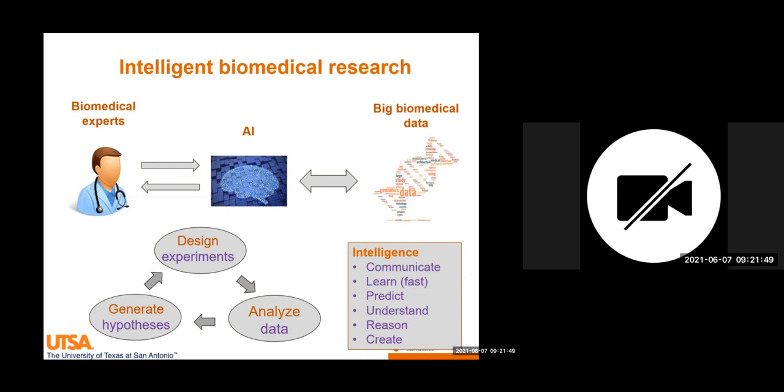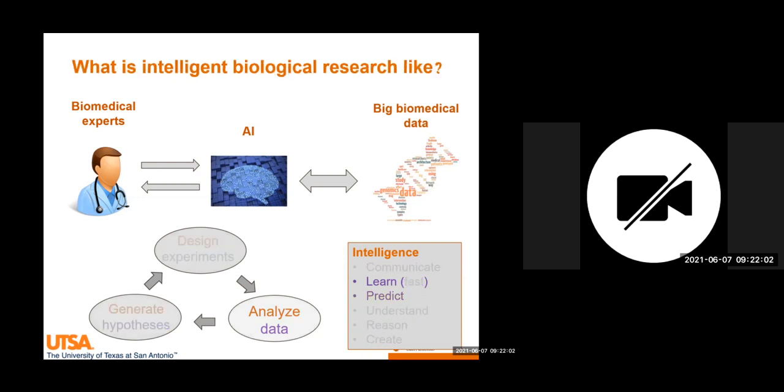So what I'm showing you here isn't just the outlook, but now we're really just at the beginning of building such an AI system. So where are we yet? Currently, the so-called AI algorithms at best can only learn and predict the data.